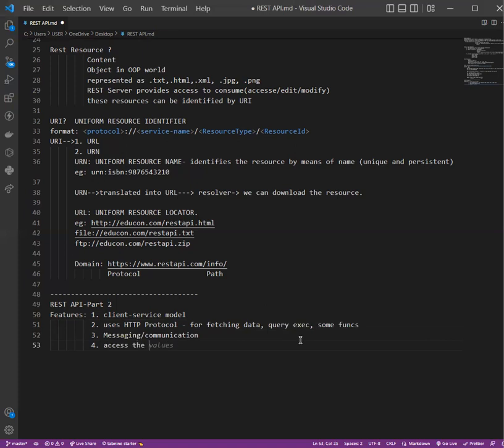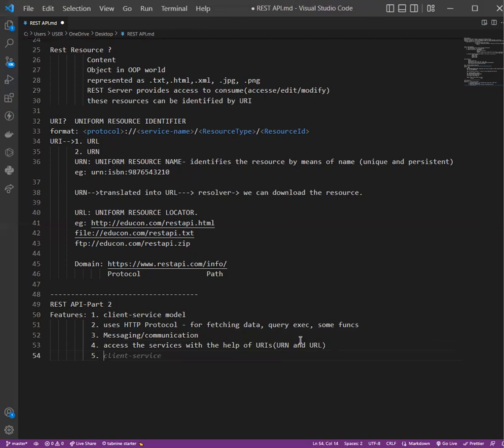URIs means with the help of URNs, uniform resource names, and URL means uniform resource locator.